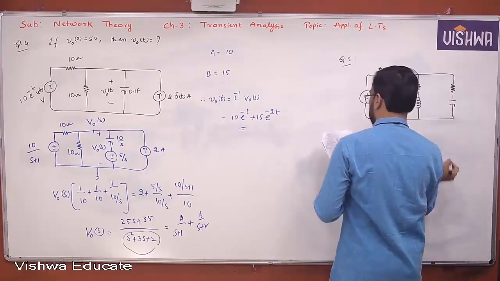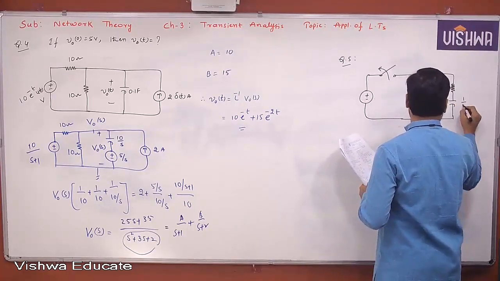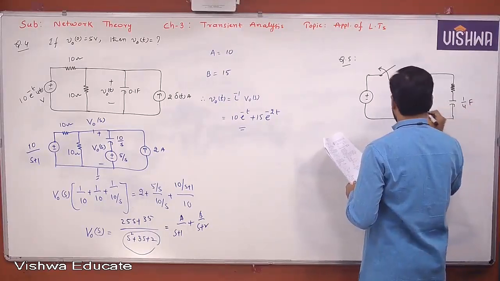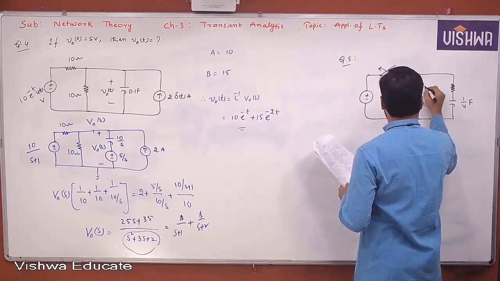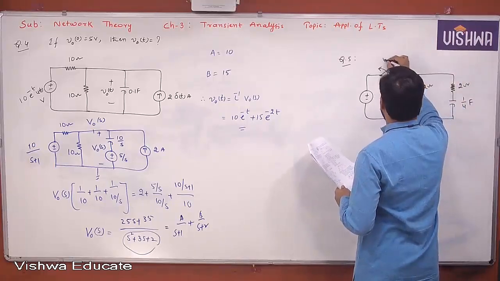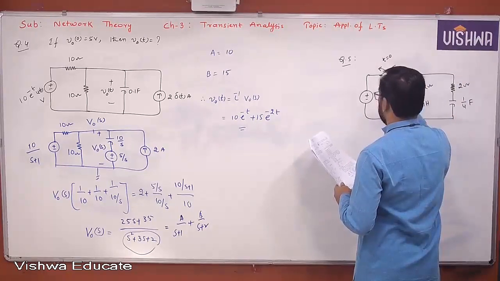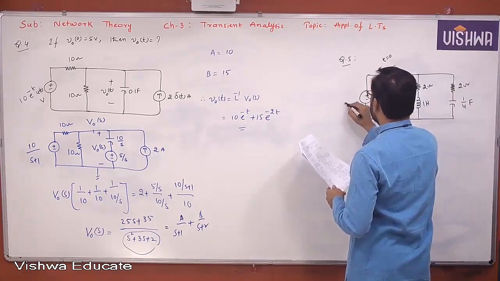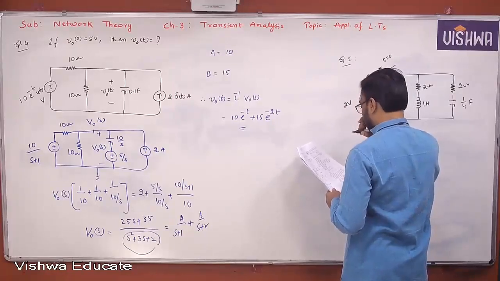The values here are 1 by 4 farad, 1 Henry, 2 ohm. This is also 2 ohm. At t equal to 0, the switch is open and the voltage source value is 2 volts.